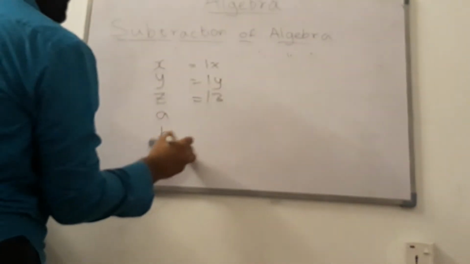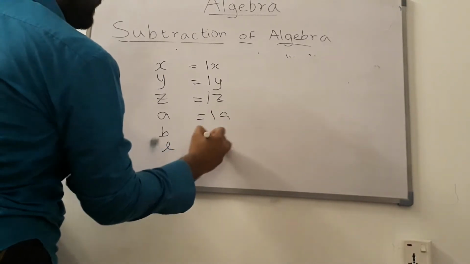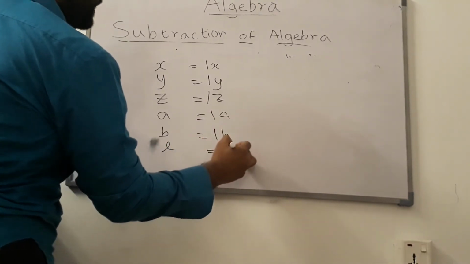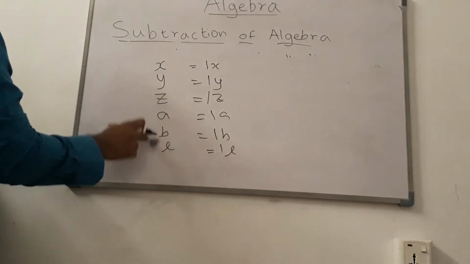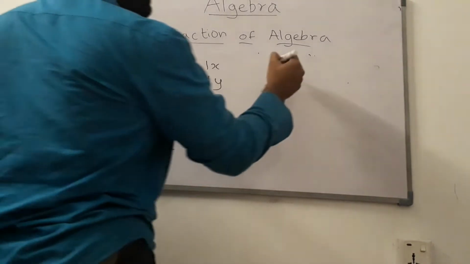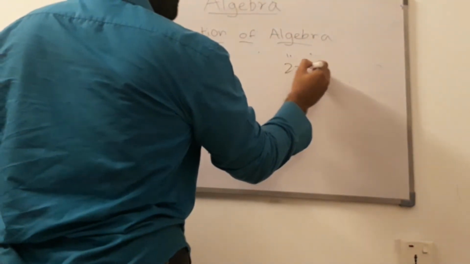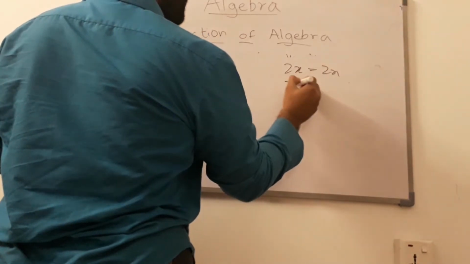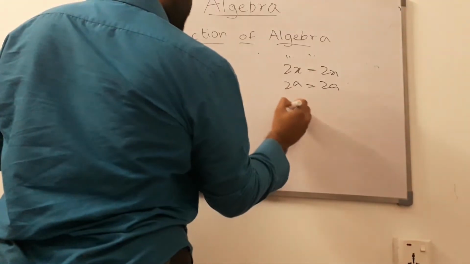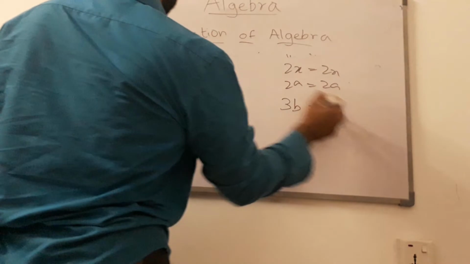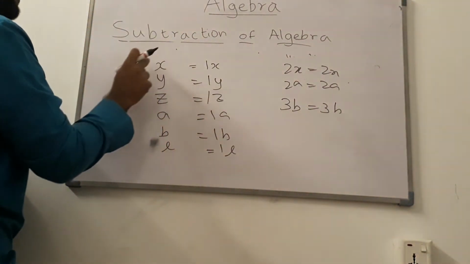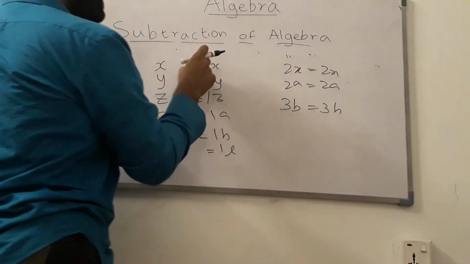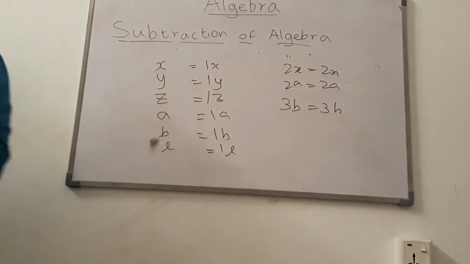A, B, L, all these are 1A, 1B and 1L. No number in front means it is 1. Then 2x means 2x, 2a means 2a, 3b means 3b. But when there is no number in front of the algebraic symbol, then it is 1 itself. Keep it in mind.